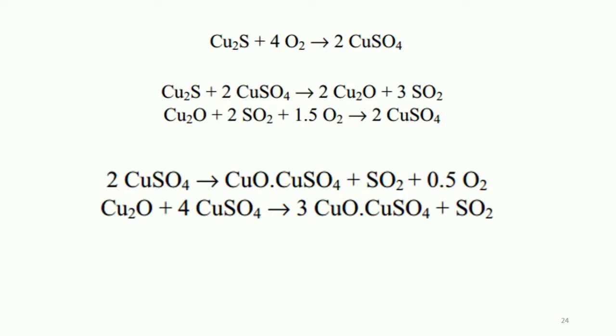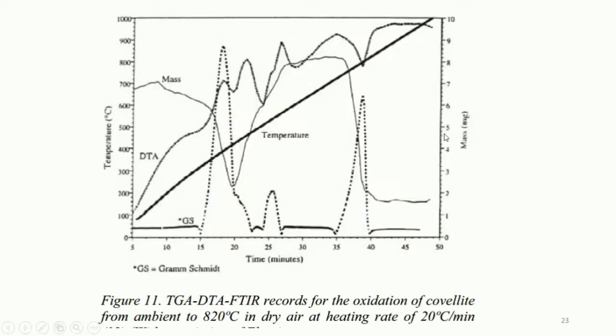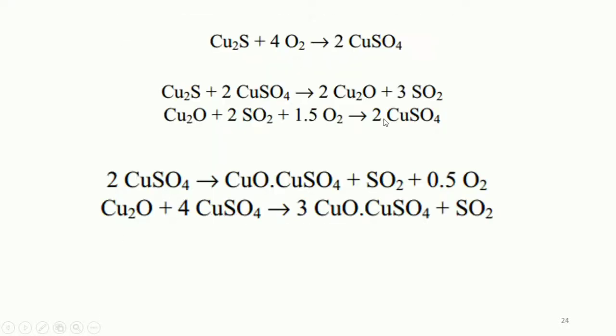It is believed that this exothermic peak is due to these proposed reactions, in which the copper sulfate changes into CuO and sulfur dioxide with oxygen, while Cu2O reacts with copper sulfate and changes into CuSO4 and sulfur dioxide.